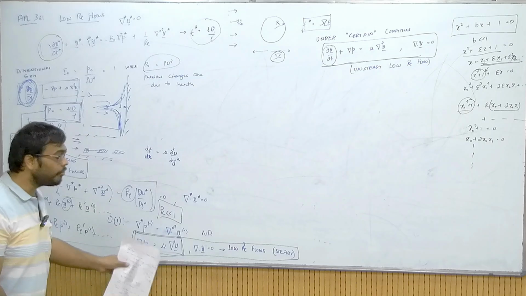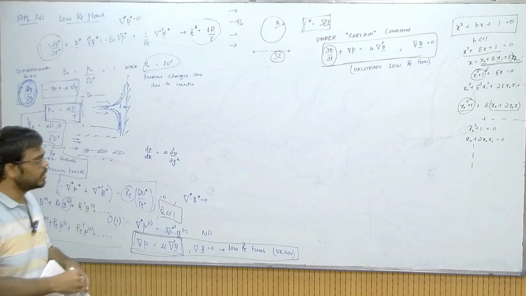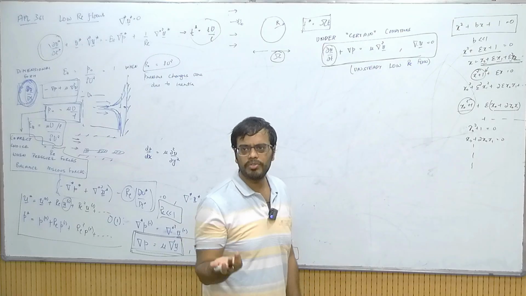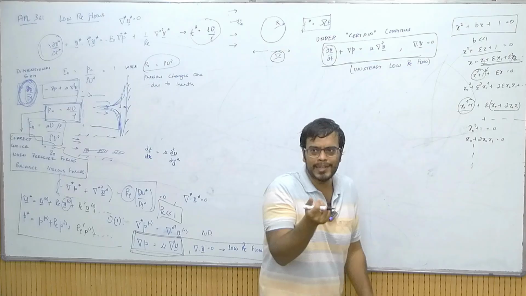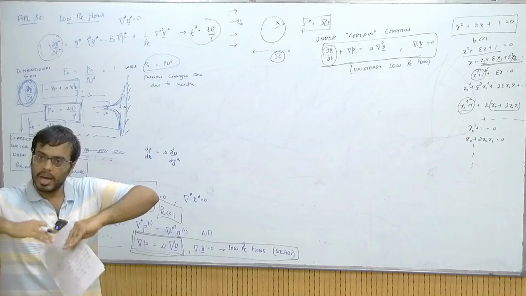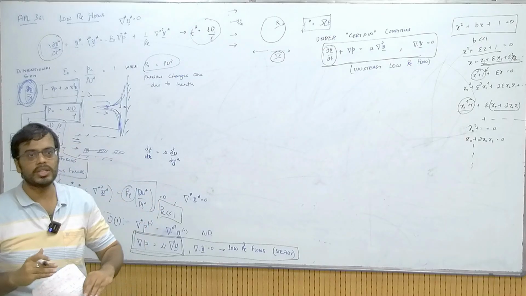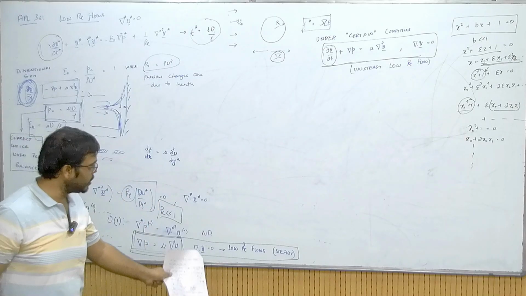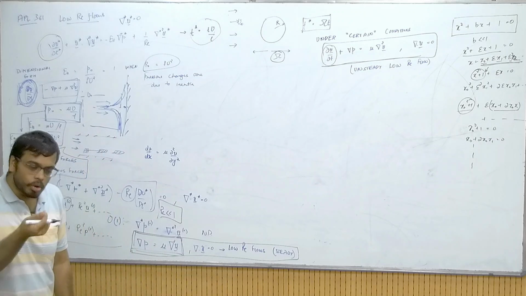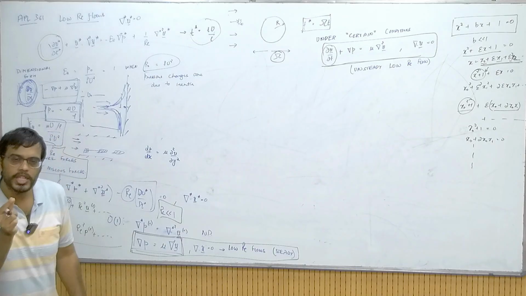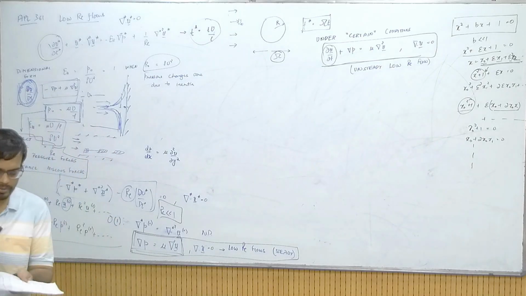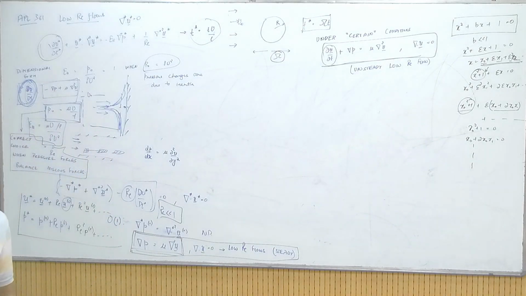Flow in very thin gaps, for example the lubrication of gears, the grease between two gears, when the gear teeth are grinding with each other, is a low Reynolds number flow. So flows in thin gaps and flows due to very small particles are all examples of low Reynolds number flows.